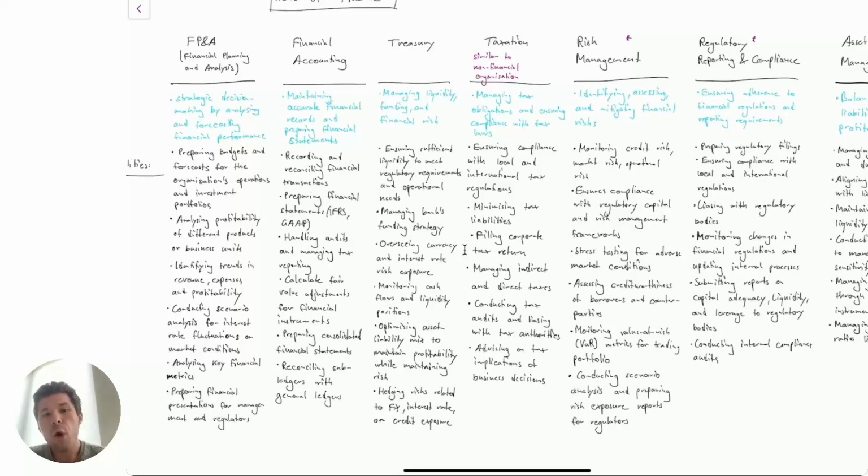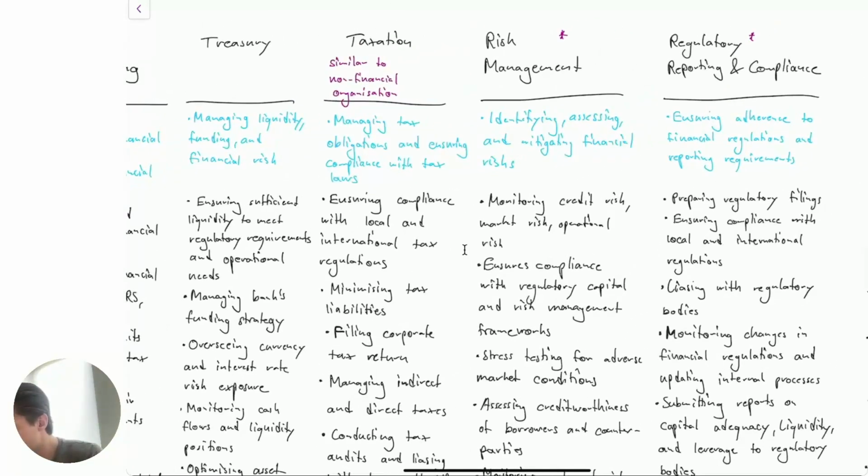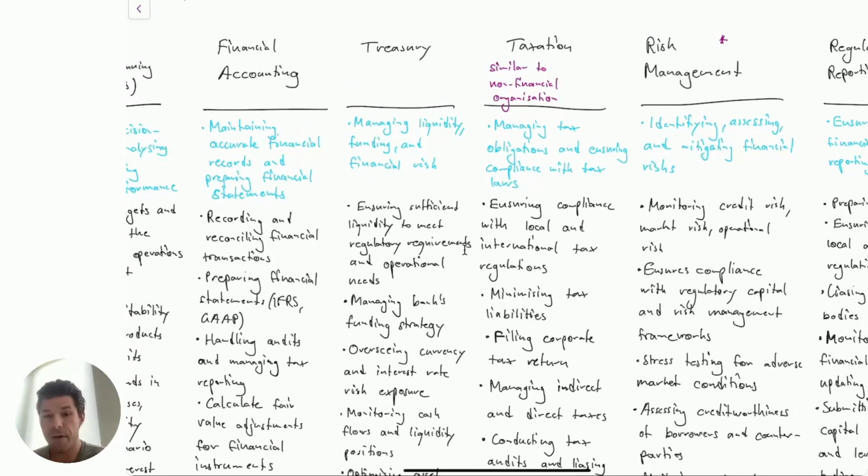There are a few overlaps. For example, if you look at risk management, it is responsible for financial risks. And we also mentioned that Treasury is responsible for managing financial risk. However, slightly different.